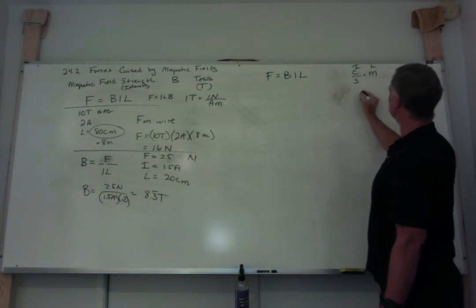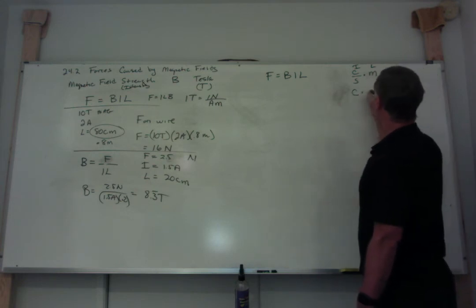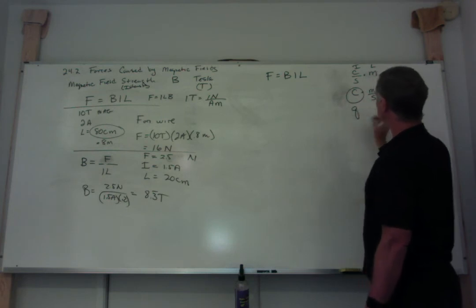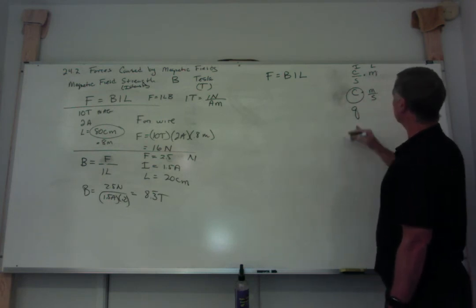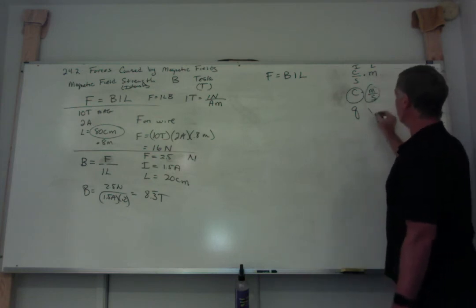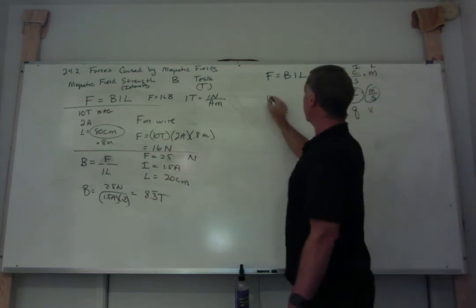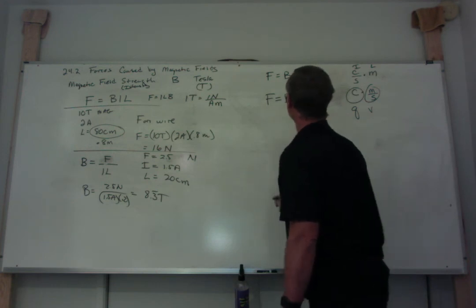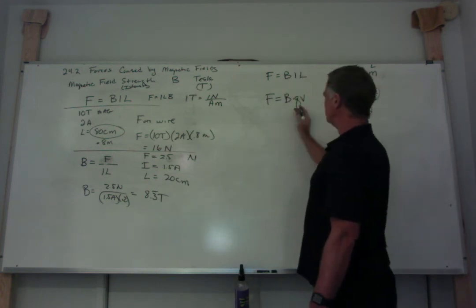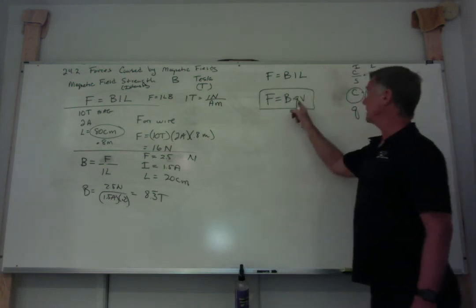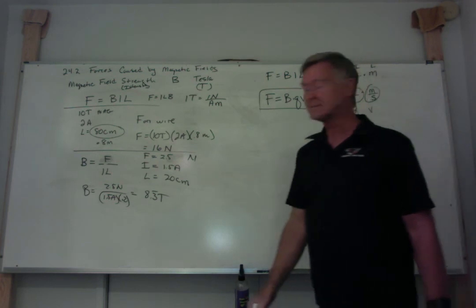If I were to rearrange this and do it this way, this is the charge on the particle, the electrical charge, and this is velocity. And so there is another equation, which is B times QV, or might be QVB, however they write it, and this would be the force on a charged particle.